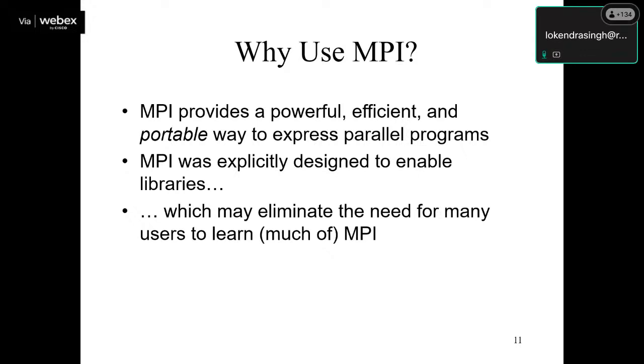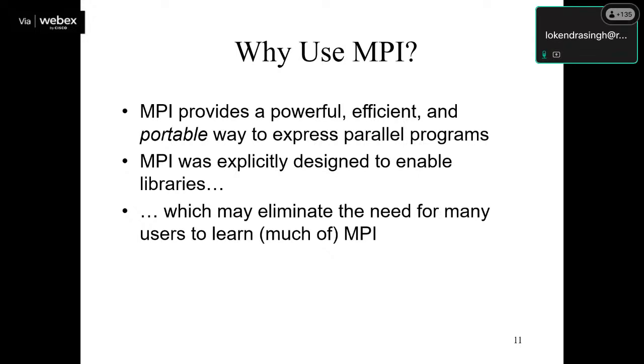MPI provides a powerful, efficient, and portable way to express parallel programs. MPI was explicitly designed to enable libraries. So you can use many more libraries to extend your code, and improve the efficiency or speedup of C programs or Java programs or Fortran programs, which may eliminate the need for many users to learn much of MPI.